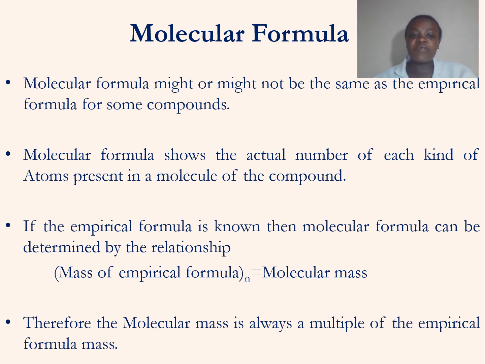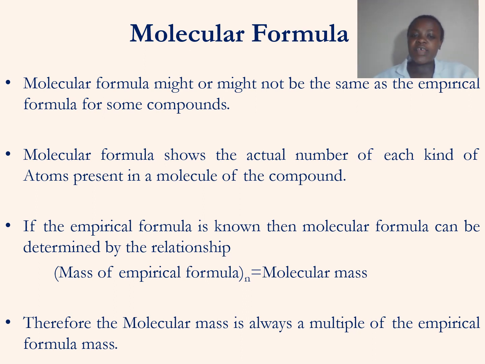For the empirical formula, it is not necessary that the numbers represented are the actual number of atoms the compound has, but the molecular formula shows the actual number of each kind of atom present in a molecule of that compound.